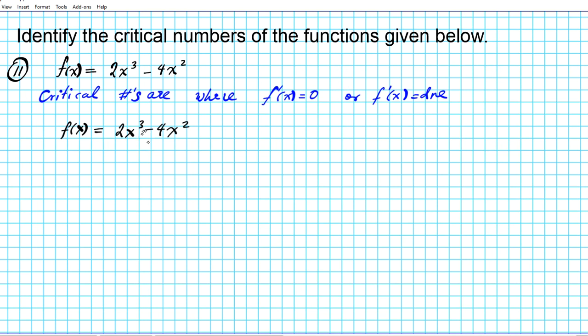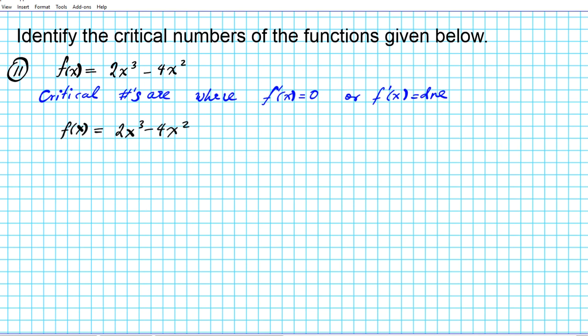First, notice this is a polynomial function, so it's smooth and continuous everywhere in the domain, which means there isn't any point where the derivative does not exist. So f prime of x equals DNE is not applicable to polynomial functions. That's something to keep in mind.